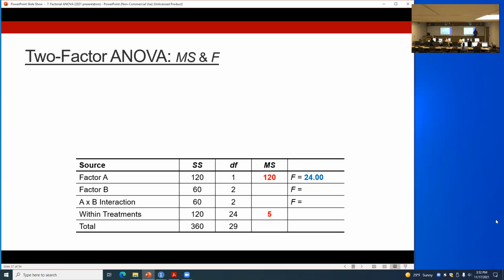But if I'm seeing more differences across my levels than what I'm seeing on aggregate within my levels, then I'm going to say, oh, it looks like there's maybe something systematic there. So I take my mean squared for my factor A divided by within, and I get my F.